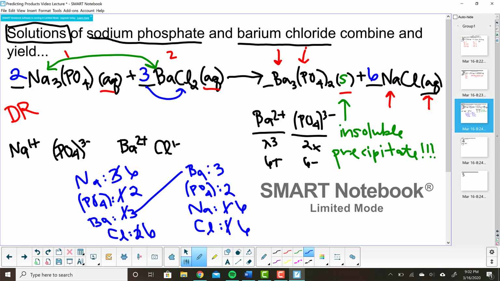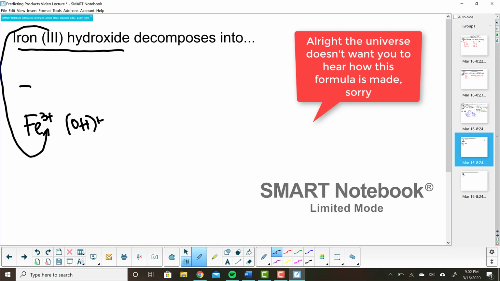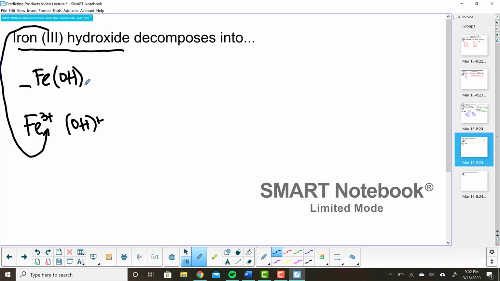Let's go back to question 4 here. We were right in the middle of talking about the formula for iron 3 hydroxide. So there's a 3 plus charge on the iron. Hydroxide is OH 1 minus. That makes the formula for iron hydroxide Fe(OH)3. Now, this is a solid, right?